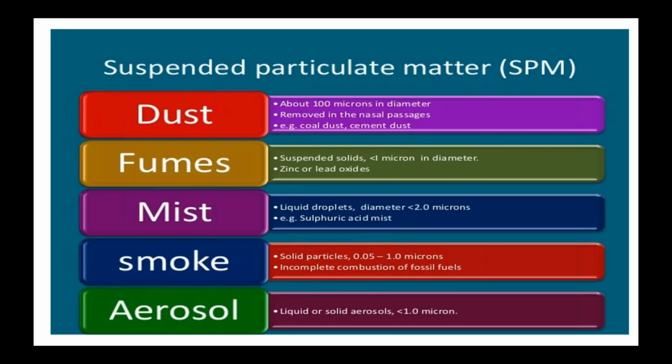Smoke consists of solid particles of size 0.05 to 1 microns. Incomplete combustion of fossil fuels is the main source of smoke from industries. And aerosol particles may be liquid or solid aerosols of less than 1 micron. So every category, fumes, mist, smoke, aerosol, is less than 1 micron in size.